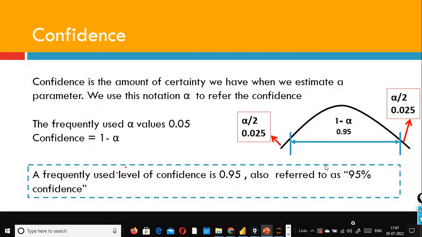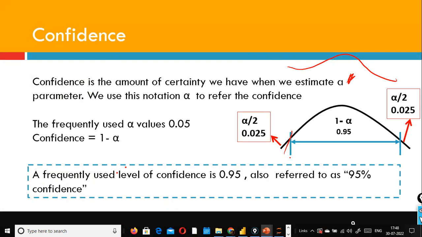And if you look at this distribution here, I have drawn a line. This is my confidence interval. The overall area under the curve is 1. Please remember, in a normal distribution, the area under the curve is always 1.